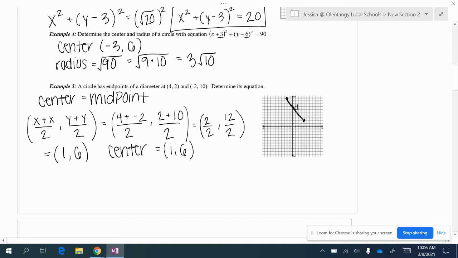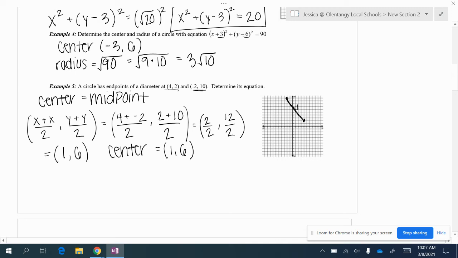Now, to find the radius, you have a few different ways that you could do this. You could take the center and one of those points to find the distance between them. Or, because we solved for the center, I recommend taking these 2 points and finding the length between them, and that would be the diameter.